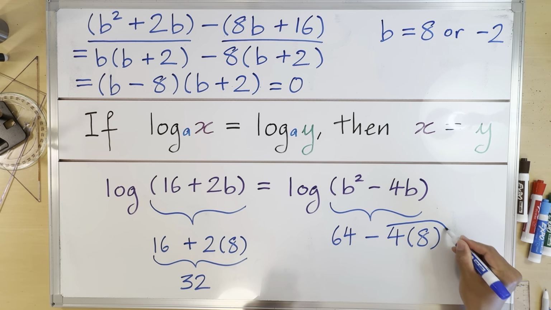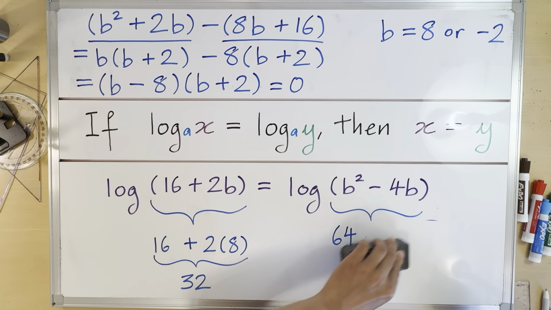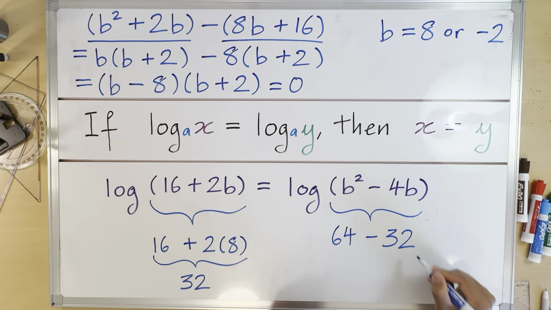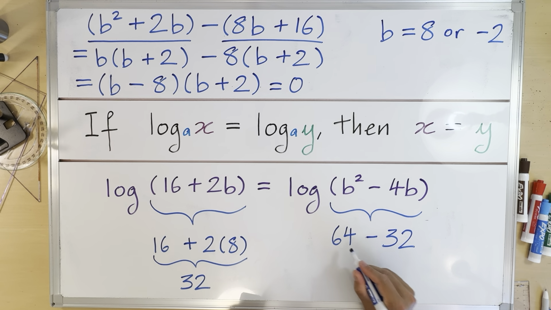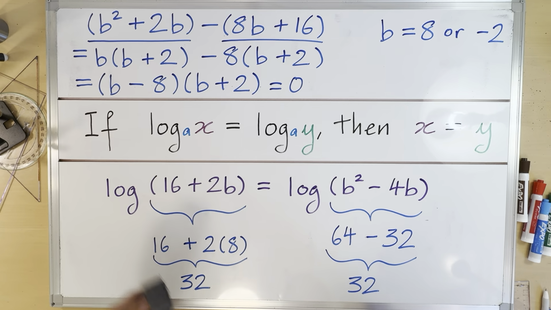So I'm going to erase this and replace it with 32. And of course, 64 minus 32 gives us 32. Now let us try it with negative 2.